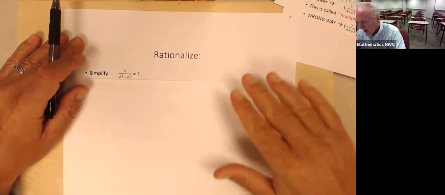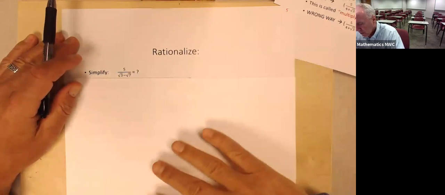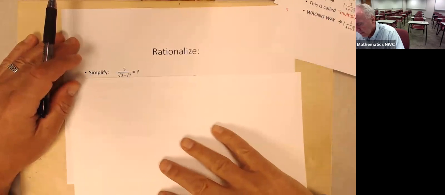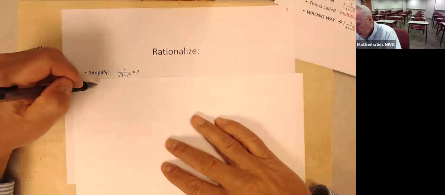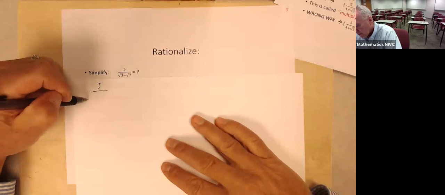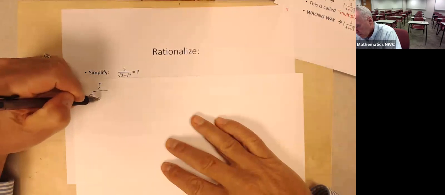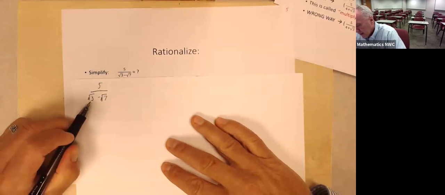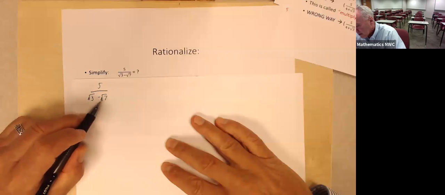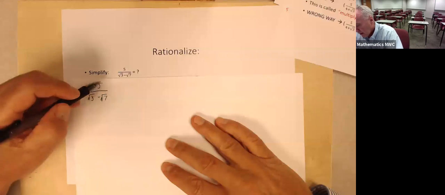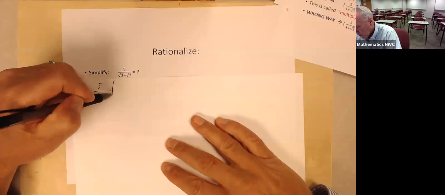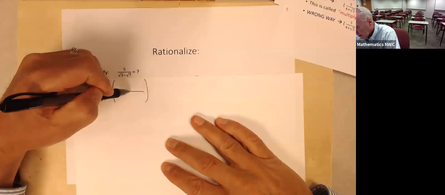Same concept here. I need to multiply by the conjugate. I start with this. It's a binomial denominator. Happens to have 2 radicals in them. Doesn't matter as long as I multiply by the conjugate.